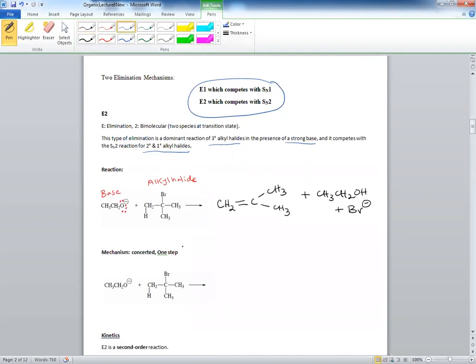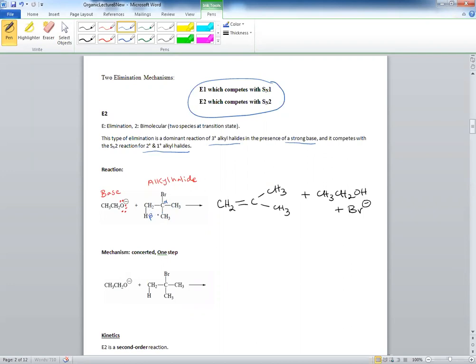Once again, let's identify our alpha carbon. It's right here. Let's identify our beta hydrogen. It's this one, but of course, all of these have beta hydrogens. So yes, it won't matter which one we pick.